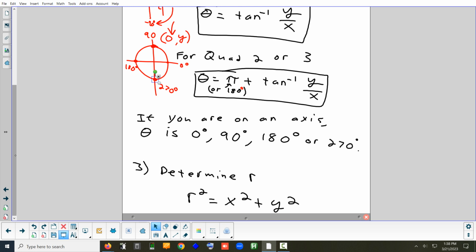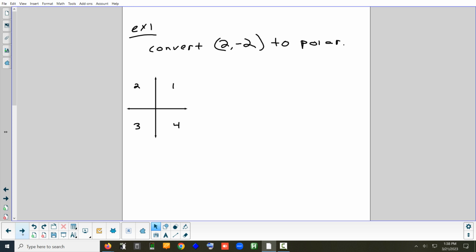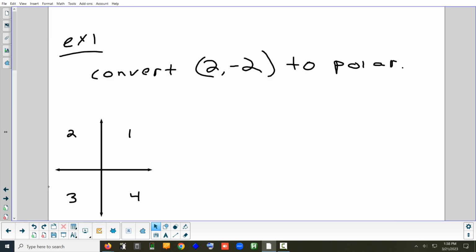So we'll try a couple examples converting to polar. And then we'll have covered both ways, converting to polar and then converting to rectangular, which we did yesterday. So it says convert (2, -2) to polar. Well, if they're telling me to convert to polar, then we know that that must be what?